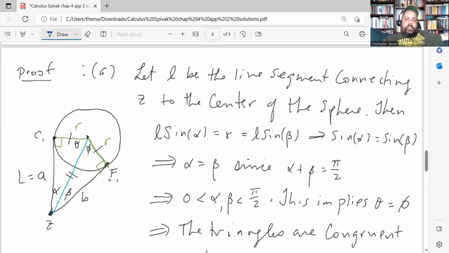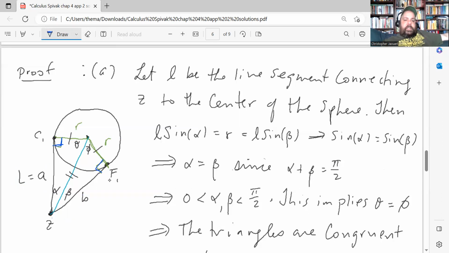So if you look at the picture here, both of these lines are tangent to the sphere, which means that the line segment L here and the line segment from Z to F1, because they're tangent to the sphere, have to make right angles with the radii of that sphere.